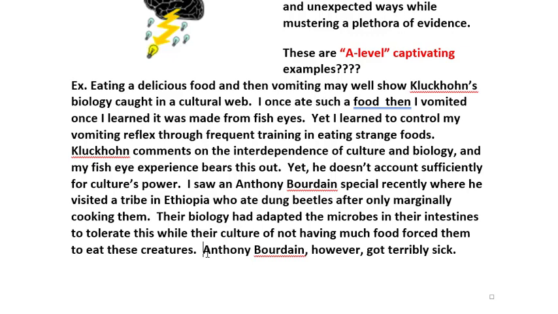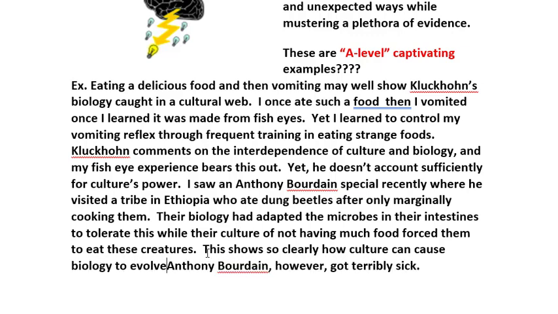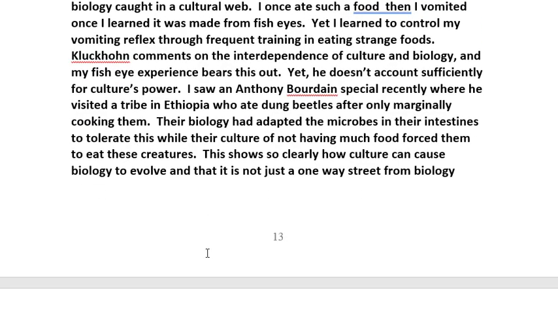I think we could add, in fact, something here. This shows so clearly how culture can cause biology to evolve, and that it is not just a one-way street from biology that is formed based on our organism.